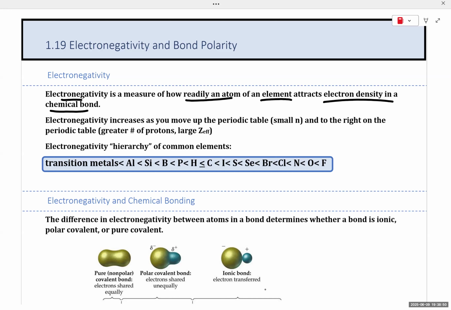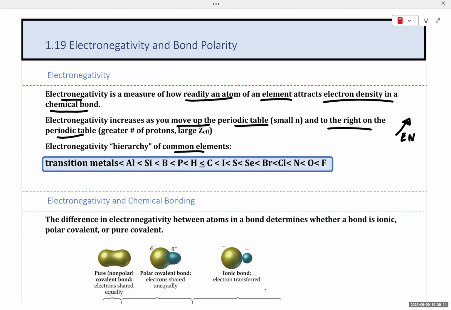Electronegativity increases as you move up on the periodic table and to the right on the periodic table. So if we think about electronegativity trends, abbreviated as EN, you can just draw an arrow up and to the right. In terms of a hierarchy of common elements, I've generated the following electronegativity hierarchy.